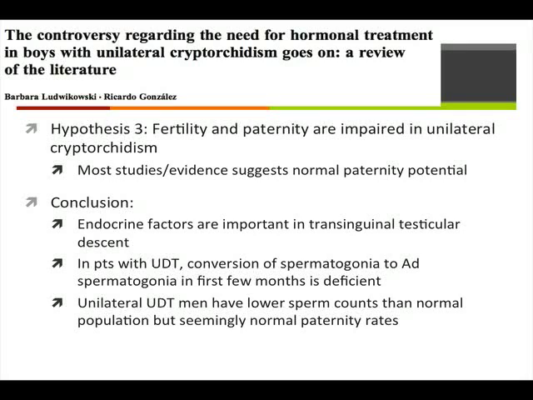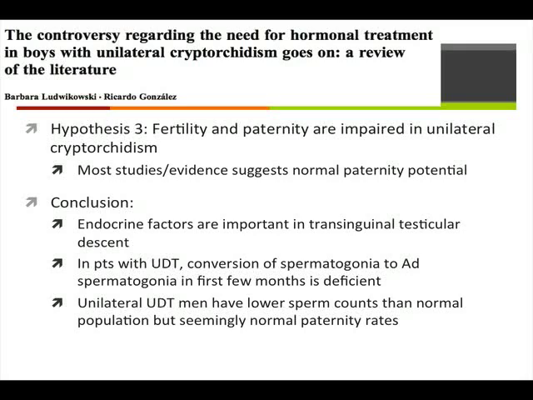So in conclusion, they felt that obviously endocrine factors are important for stimulating transinguinal testicular descent. In patients with undescended testicles, the conversion of true spermatogonia to dark spermatogonia in the first couple of months is a bit deficient.